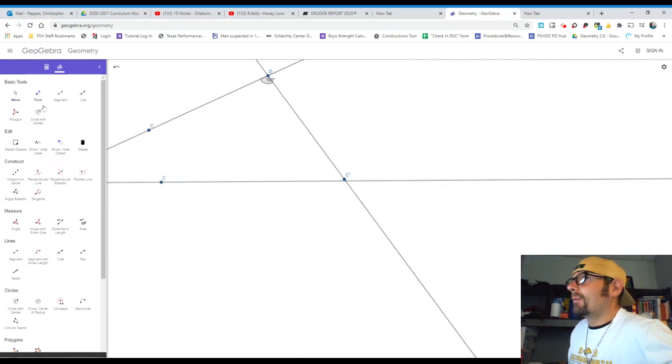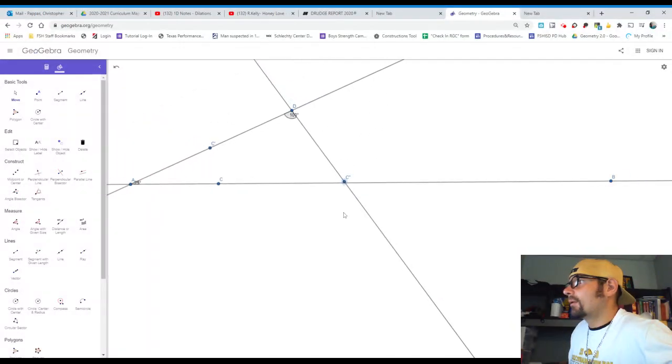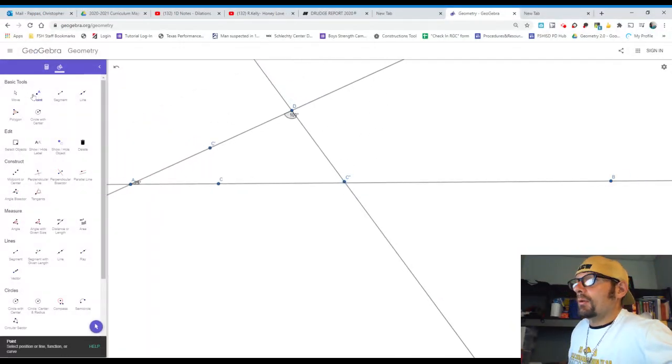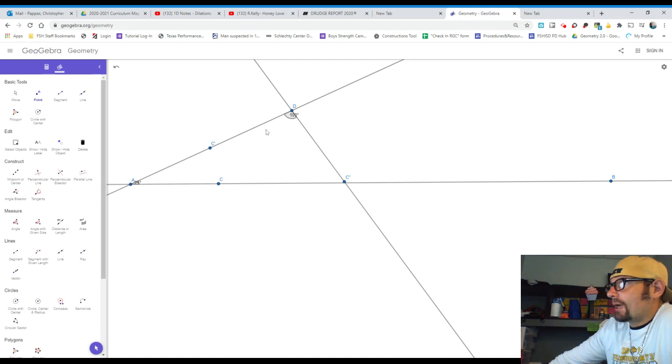Now I want to take this C double prime and move it if I can. I can. All right, so here we have a triangle with a 100-degree angle and a 25-degree angle.